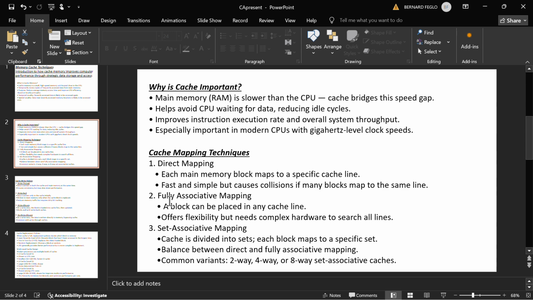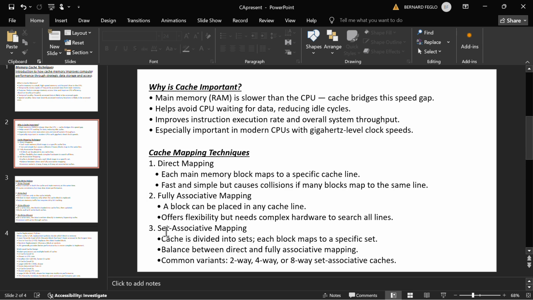And secondly, we have the fully associative mapping, in which a block can be placed in any cache line. It offers flexibility but needs complex hardware to search all lines. So it is flexible, there is no conflict, but it needs complex searching to find the right block. That's basically what it means.